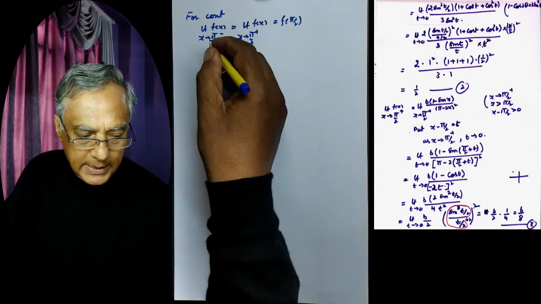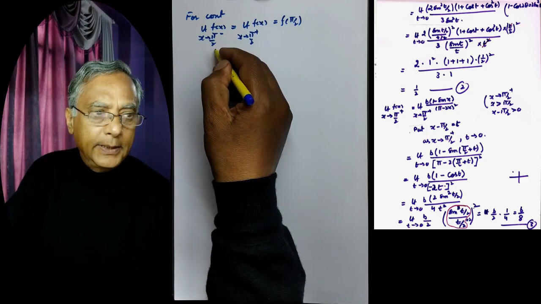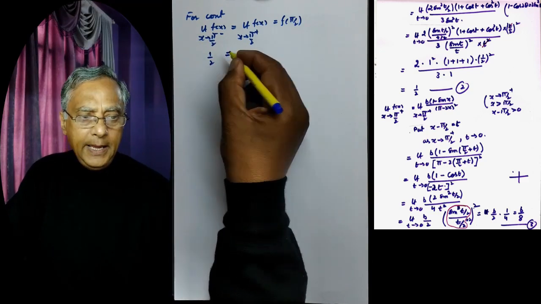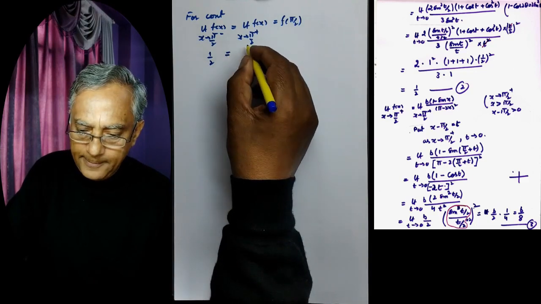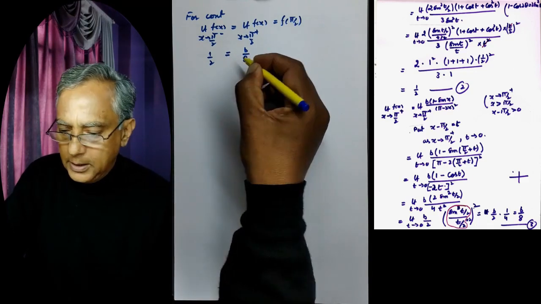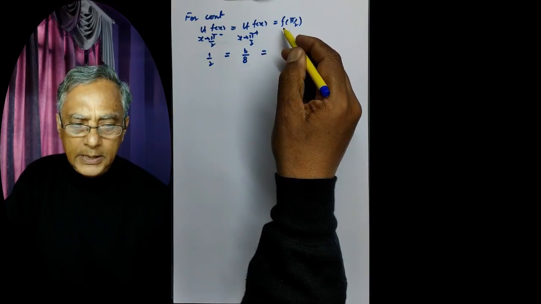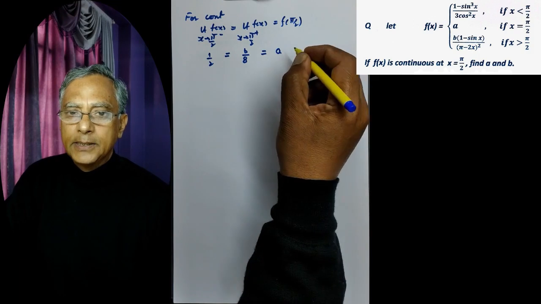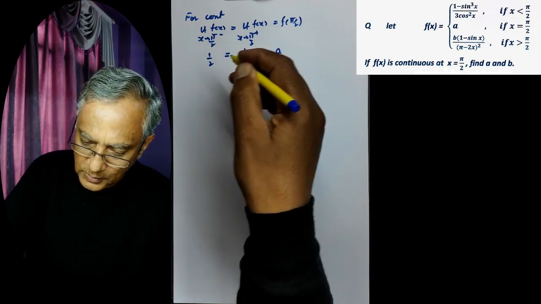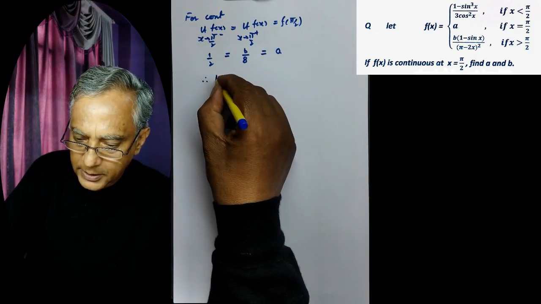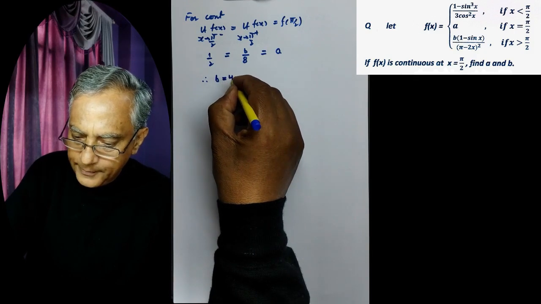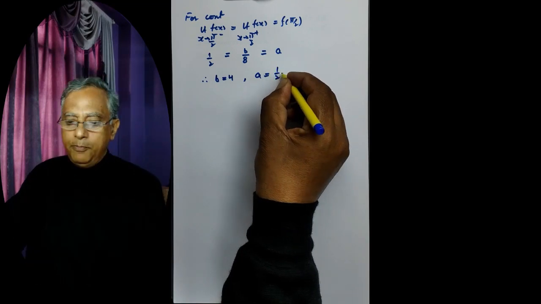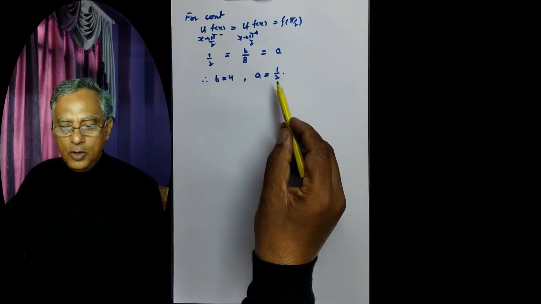So from 2, this is equal to 1 by 2, and from 3 this is equal to b by 8, and the value of the function at pi by 2 is, from the definition of the function, a. See the side sheet. Therefore b must be equal to 4 and a must be equal to half.